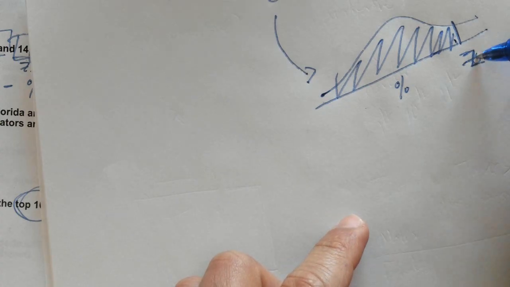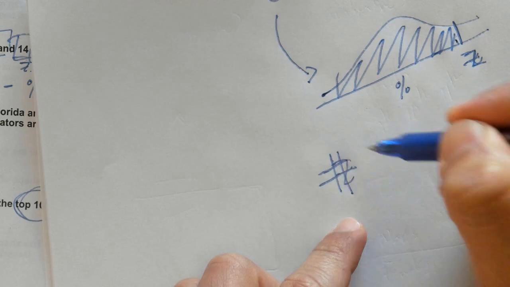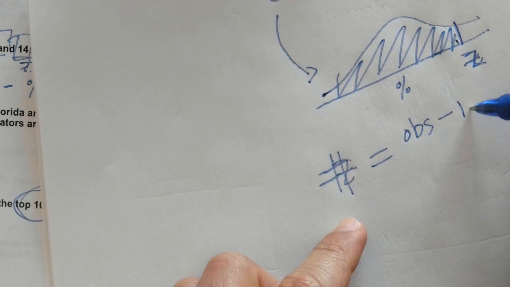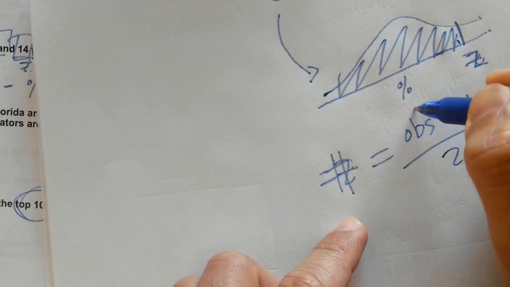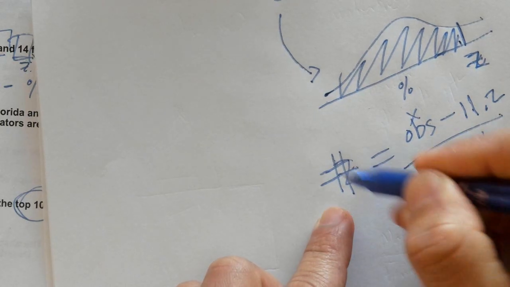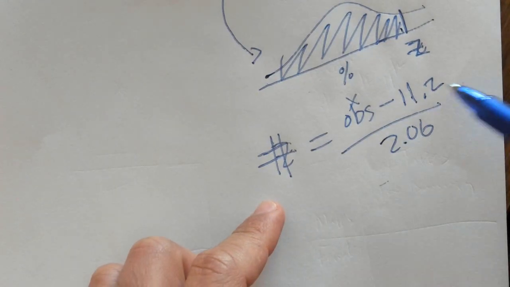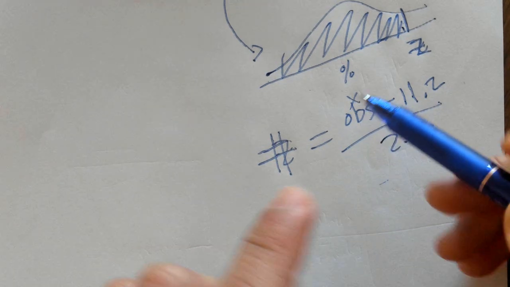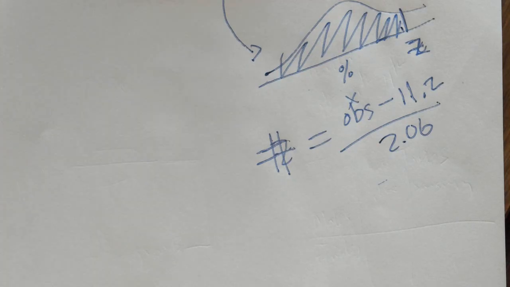That z-score, you're going to plug it into your equation because you now know that from the table. And you're going to find what x value, if I compare it to my data, what x value would give me that percentile. And you would just use basic algebra, right? You multiply both by 2.06, you add 11.2, and you can find the exact value that results in that percentage. So that's how you would work backwards from the z-table.